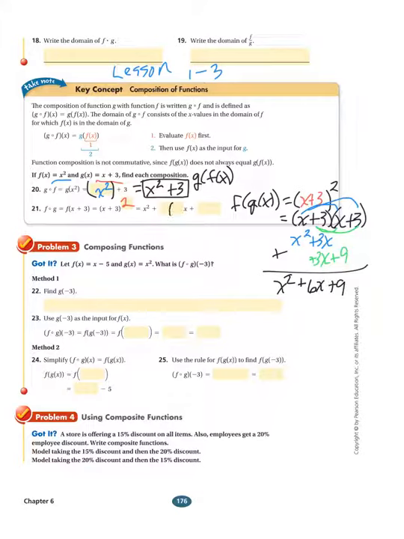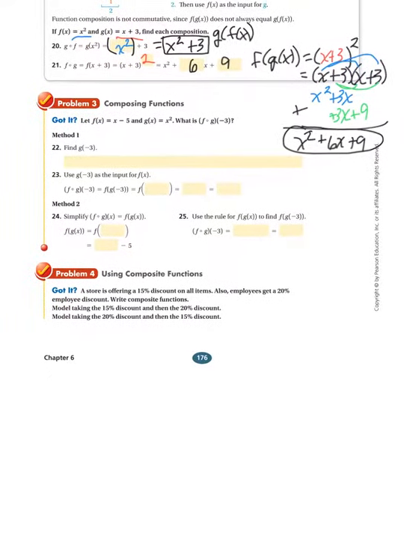So this is actually your composition of f of g of x. Notice that g of f of x is x squared plus 3, and f of g of x is x squared plus 6x plus 9. So they are quite different from each other. All right, so let's look at problem 3.